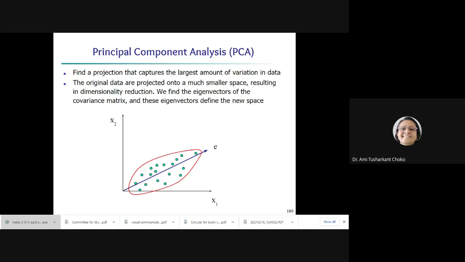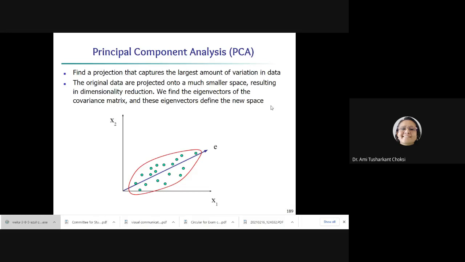Now, find a projection that captures the largest amount of variation in data. We want to capture the variation, the largest amount of variation in the data. The original data are projected onto a much smaller space, resulting in dimensionality reduction. We find the eigenvectors of the covariance matrix, and these eigenvectors define the new space.